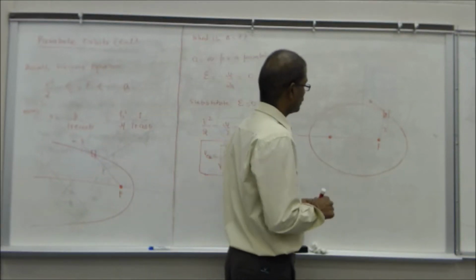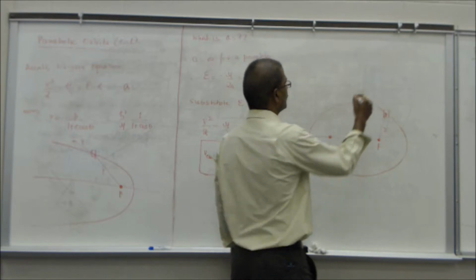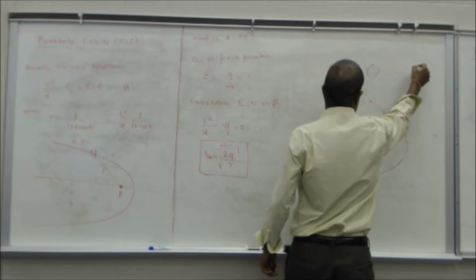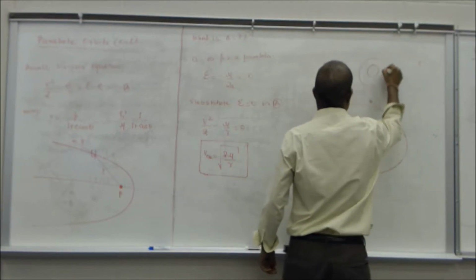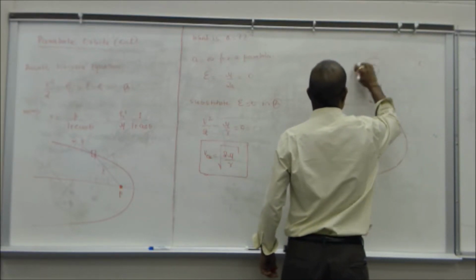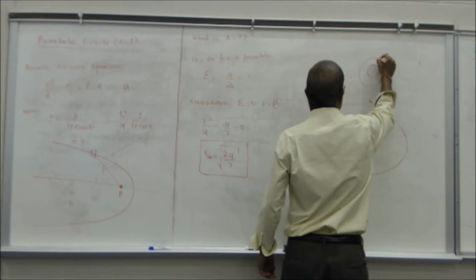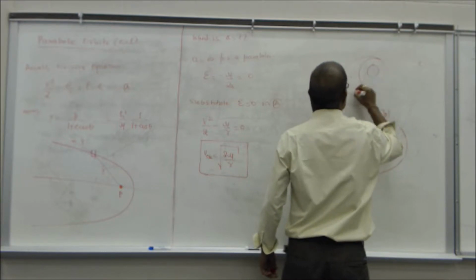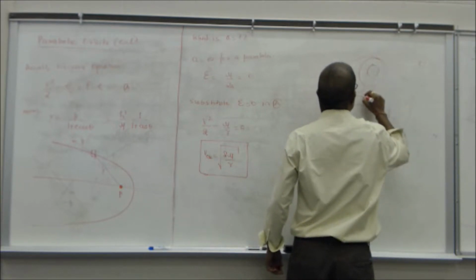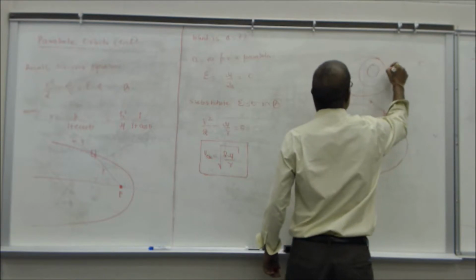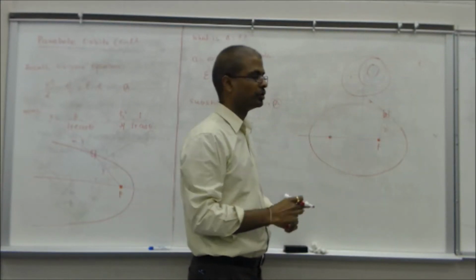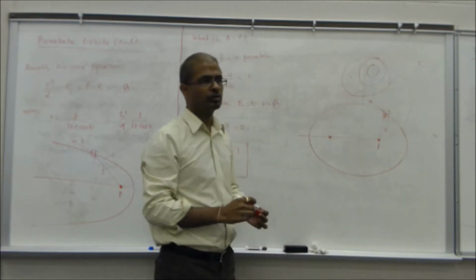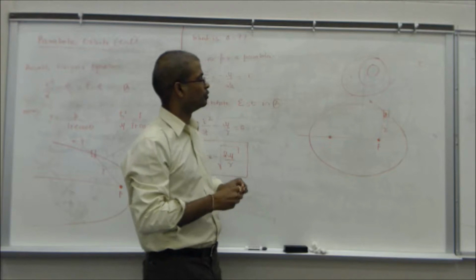You would try to do something like this. Go into a parking orbit, keep on increasing your distance, and at one point you're just going to go to the moon.